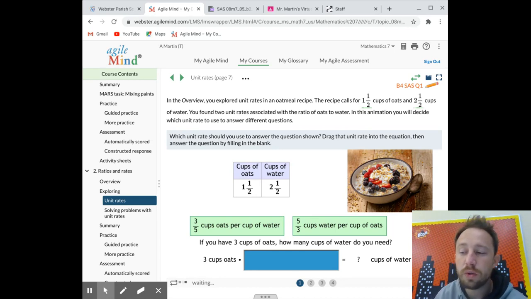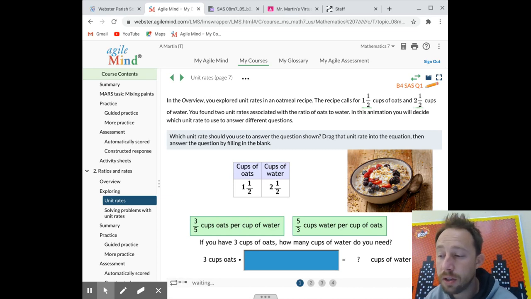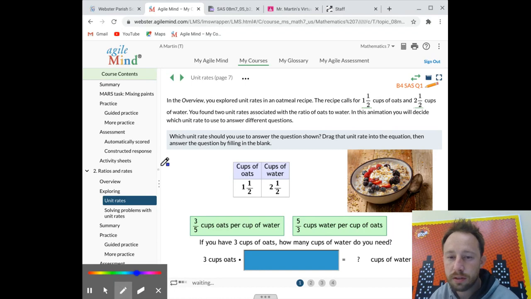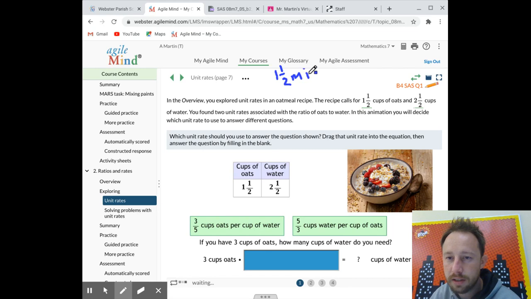If you can run 1.5 miles in a half hour, how far can you run in 1.5 hours? So we can do 1.5 miles in a half hour.